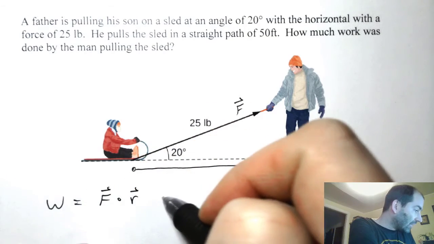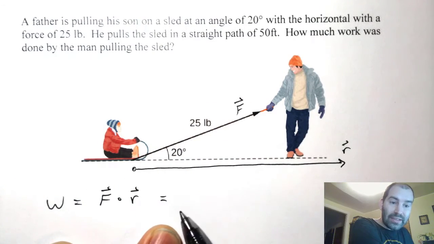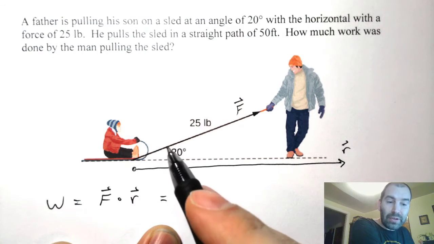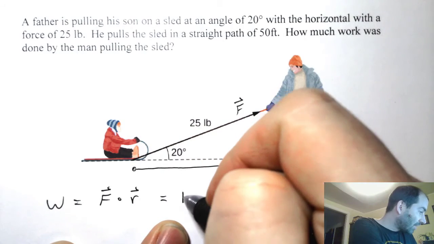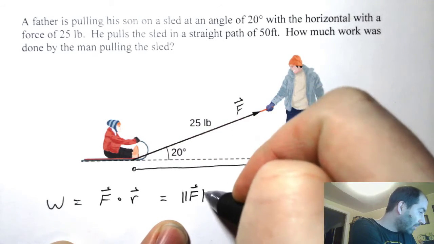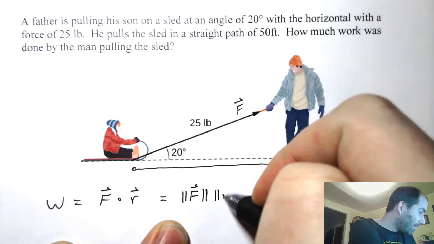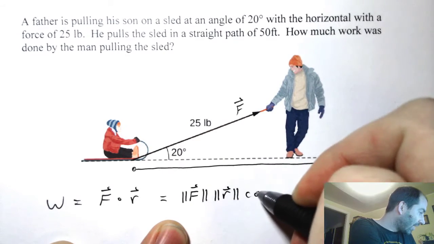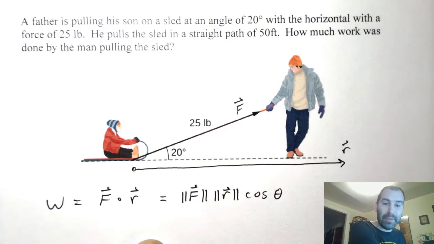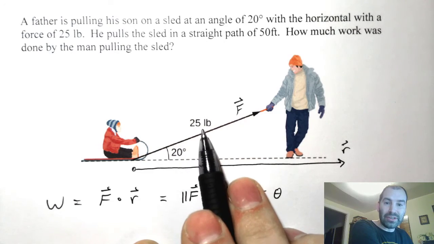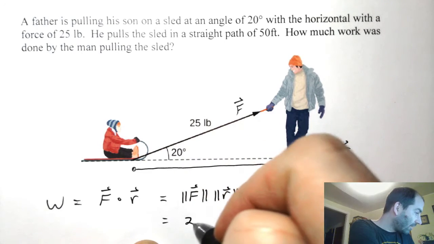And then, like we were saying, there's a formula for this that relates it to the angle between the two vectors. Remember from the last video, this is the magnitude of the force vector times the magnitude of the displacement times the cosine of the angle between them. Well, look at this. They gave us the magnitude of the force. They told us it was 25 pounds.